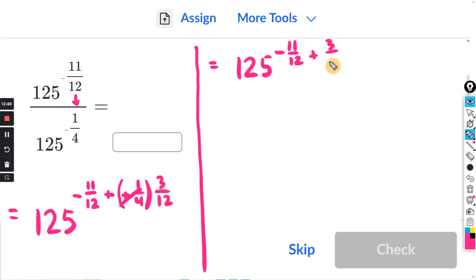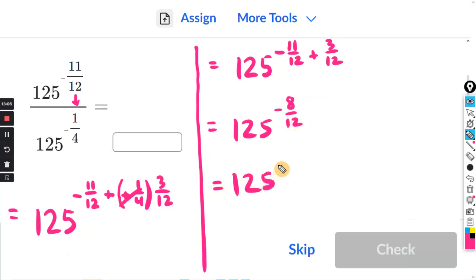All I did was make a common denominator, and that's going to be 125. Negative 11 plus 3 is negative 8, and the denominator is 12. Reducing that fraction: negative 8 divided by 4 is negative 2, and 12 divided by 4 is 3.